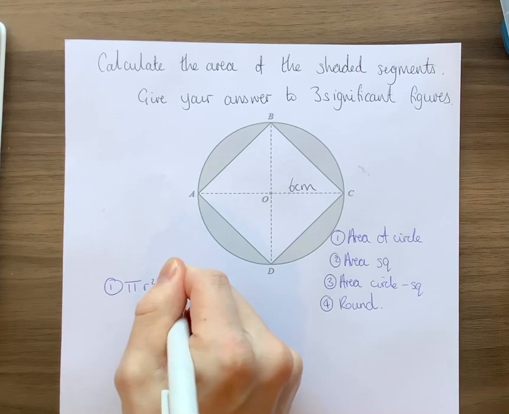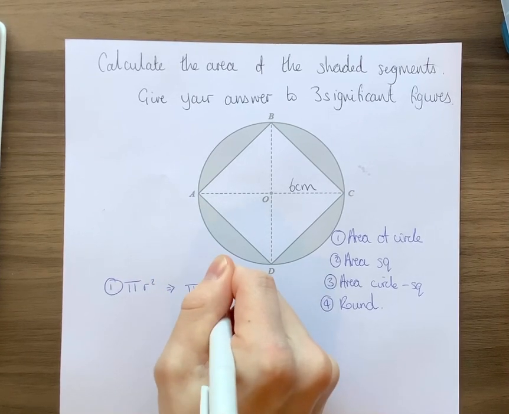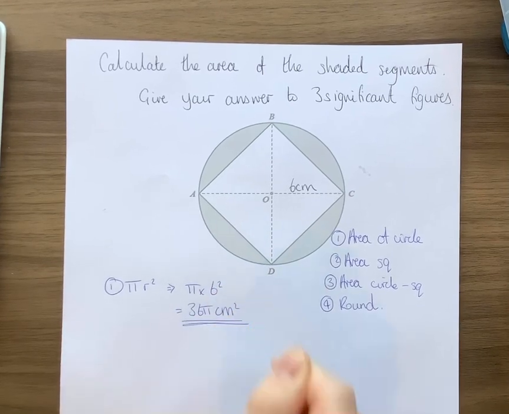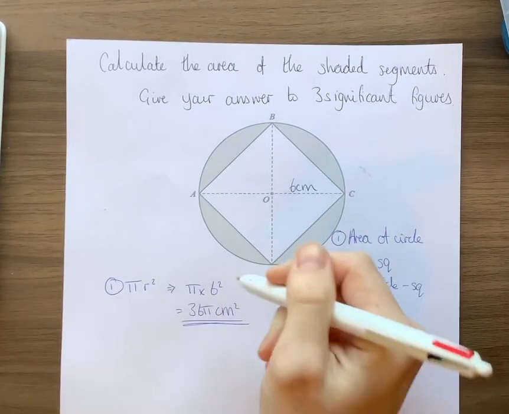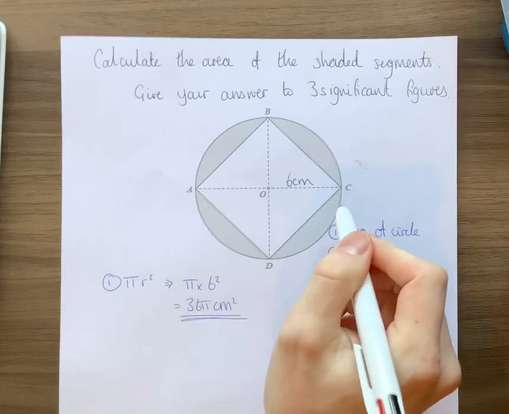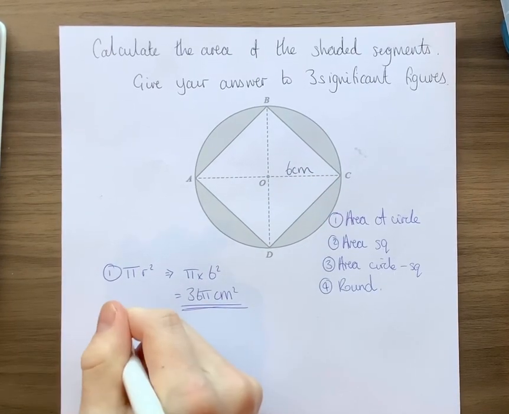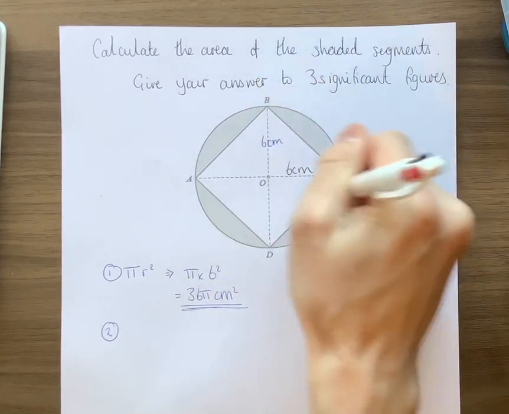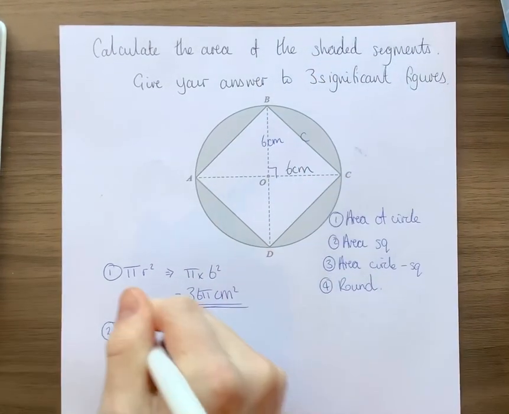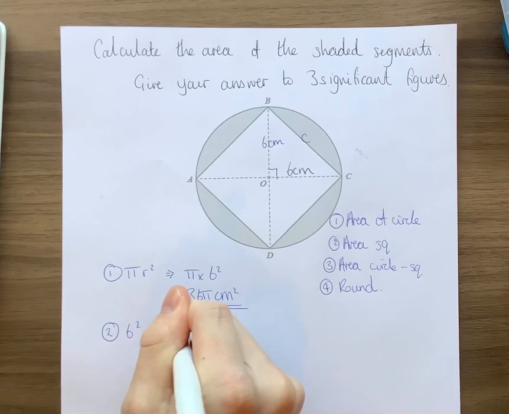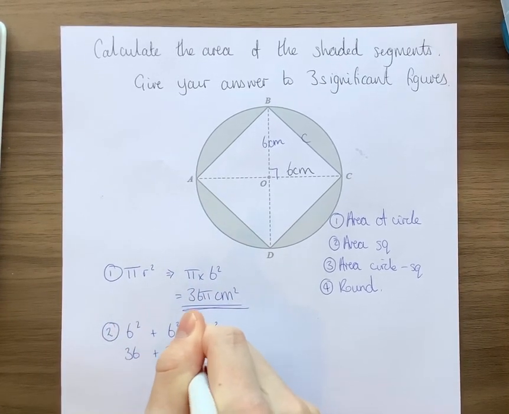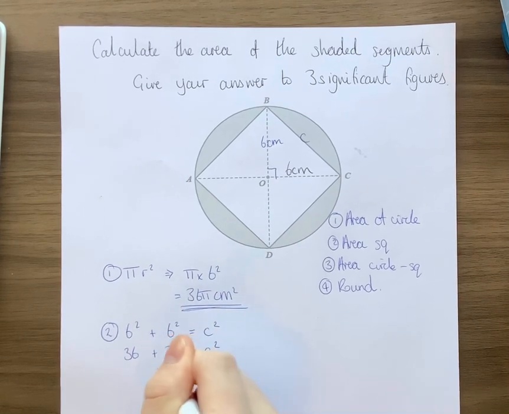So we've got pi r squared, 36 pi centimetres squared. That's the area of the circle in this one. Note that it's different because the radius is different. Okay, so for 2, again, we know that this is Pythagoras because it's a right angled triangle. So I've got 6 squared plus 6 squared is equal to c squared. 36 plus 36 is equal to c squared.